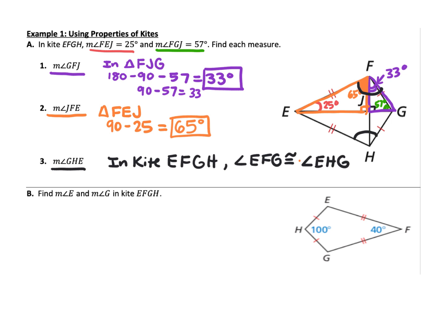And I can find this angle right here by calculating the 33 and the 65 added up. So 33 plus 65 is equal to 98. So that means that the measure of angle GHE is 98 degrees.